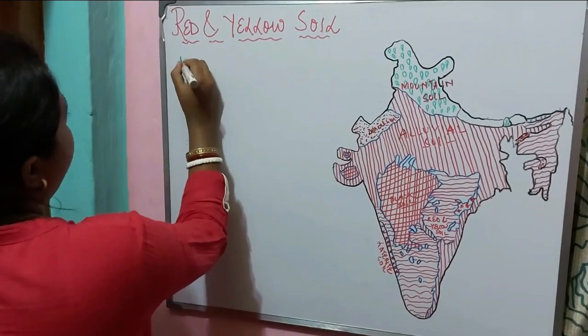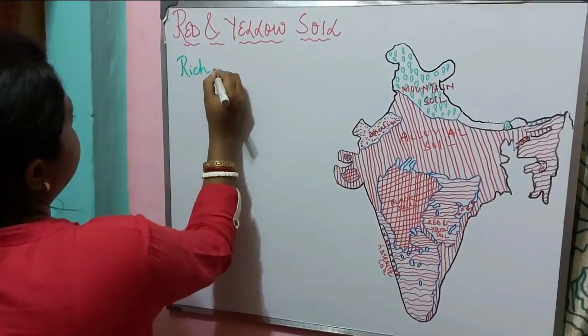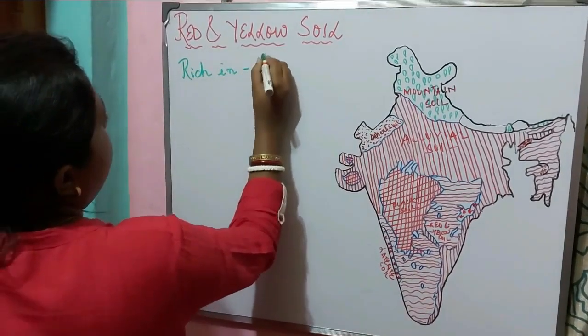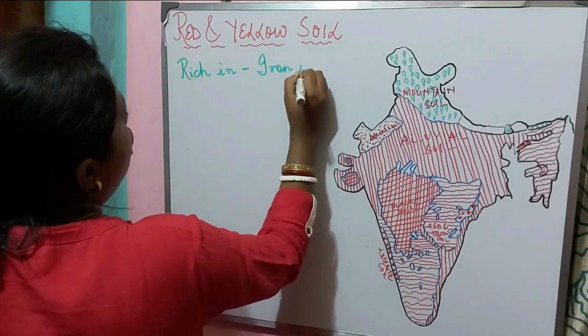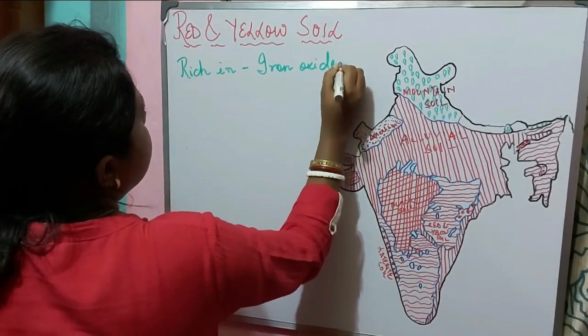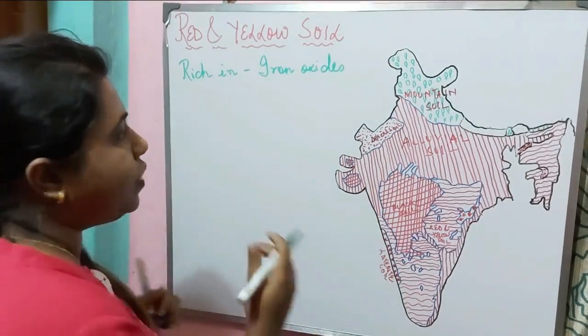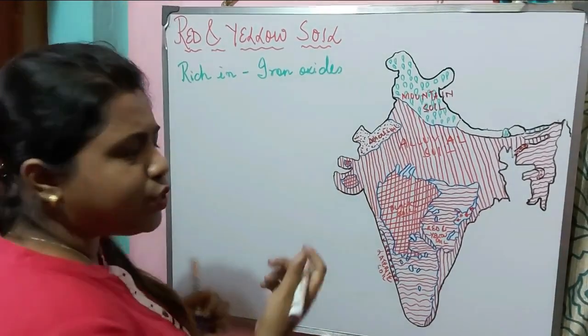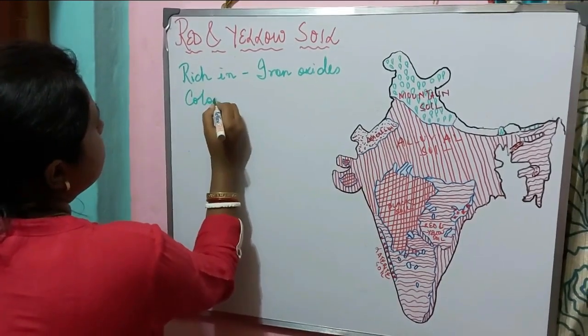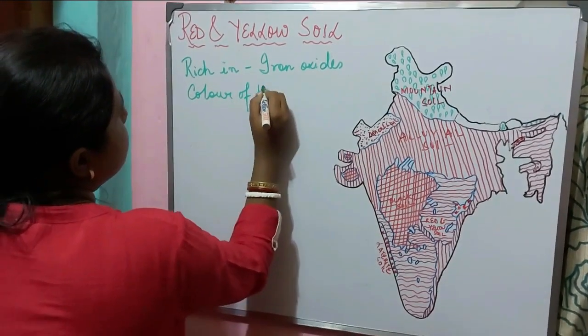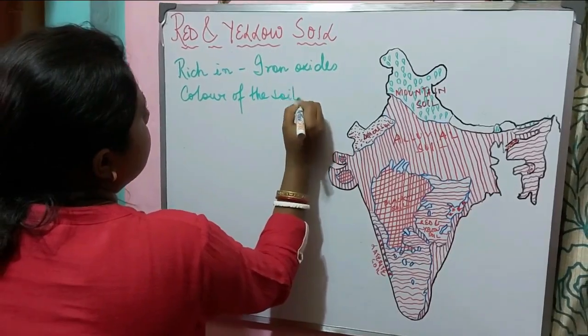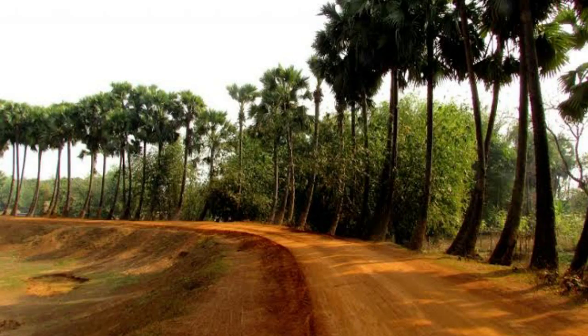Now, this soil is rich in iron oxides and it has a red color. So we can say, what is the color of the soil? It is red. Now what is it poor in?